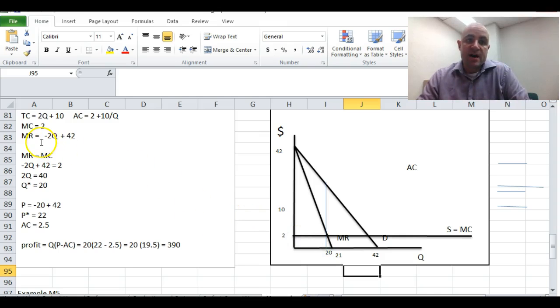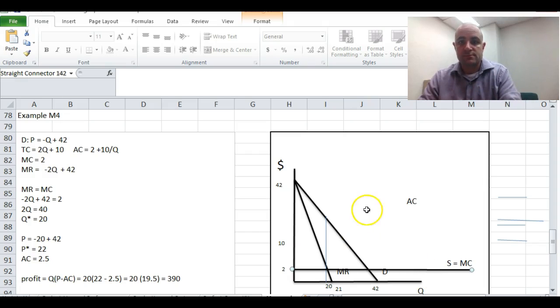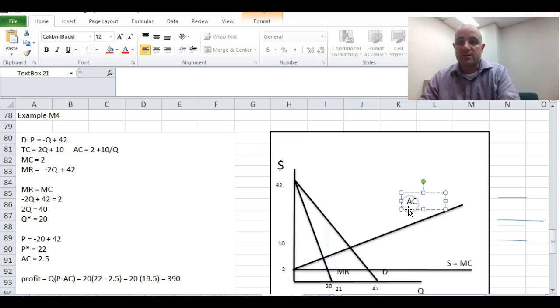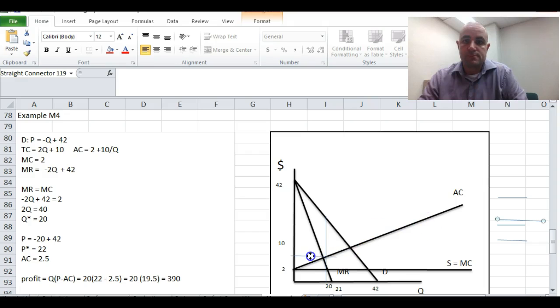And so we also found our average cost to be 2 plus 10 over Q. This is probably not going to be completely to scale, but here's our average cost. We're going to go up to where that hits your quantity.